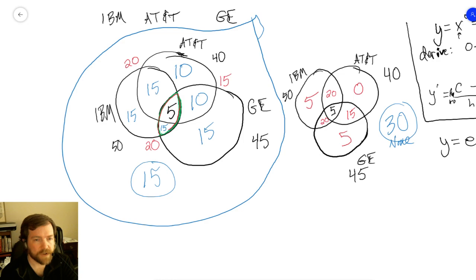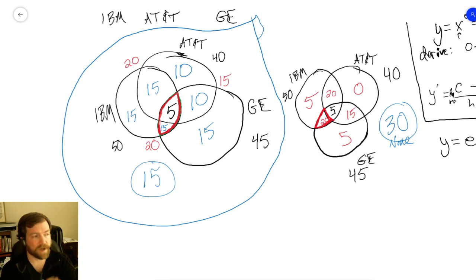So the question is, which way is the book, your professor, whatever, thinking about this? If the answer ends up being that the intersection of IBM and GE is the entire intersection of IBM and GE, this is what we get. If the intersection between IBM and GE that they're talking about, the 20, is just the exclusive intersection between IBM and GE, and it excludes the people who also have AT&T, then this is what you get.